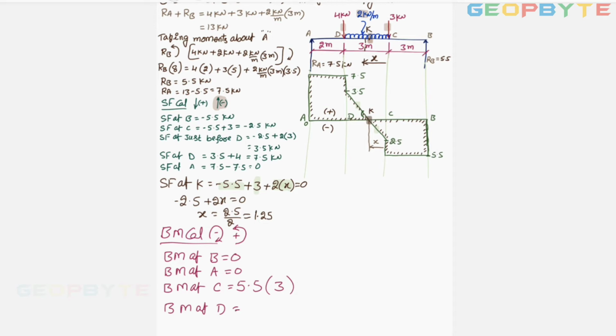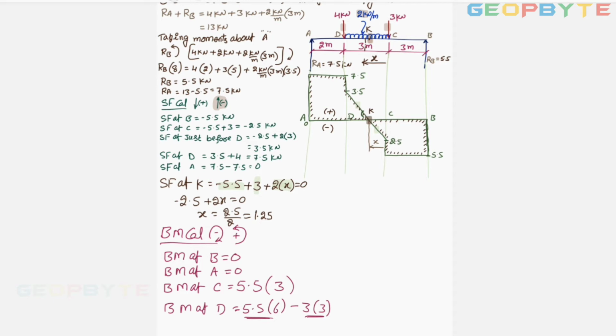Now the BM at D equal to 5.5 into 6, that is giving the anti-clockwise moment. Anti-clockwise moment should be taken as positive, minus 3 into 3. 3 into 3 gives the clockwise moment, and clockwise moment should be taken as negative.